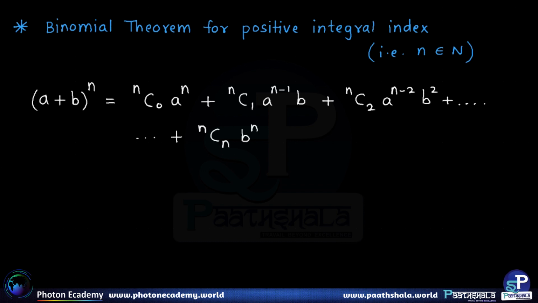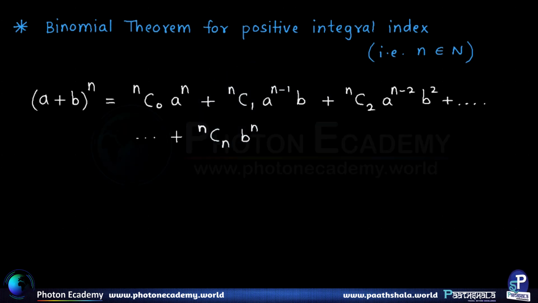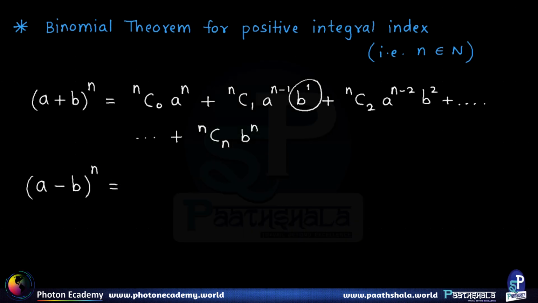Now based on this we can deduce a lot of things. The first immediate deduction is, instead of plus B, if we have minus B in the binomial, then wherever we have odd powers of B, so B raised to 1, then in the next term we will have nC3 A raised to n minus 3 into B cube.